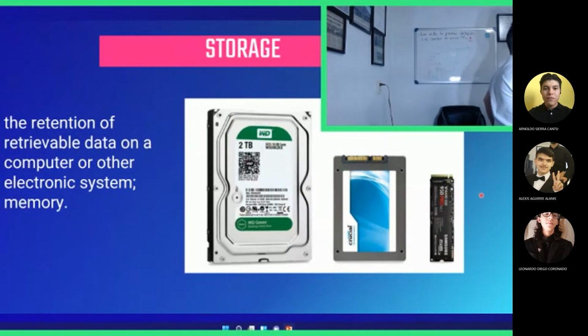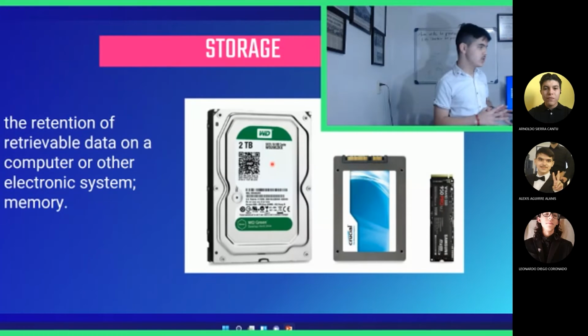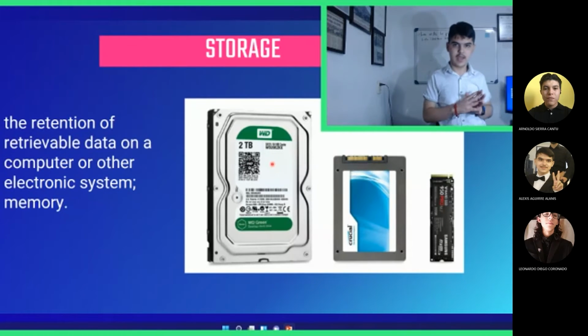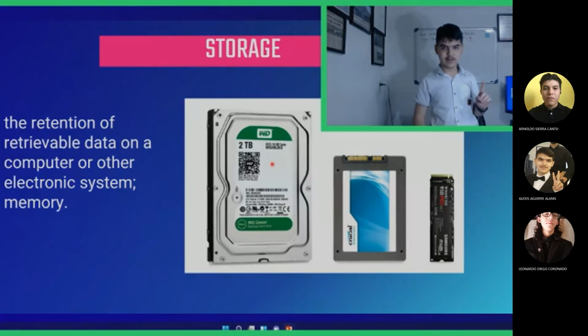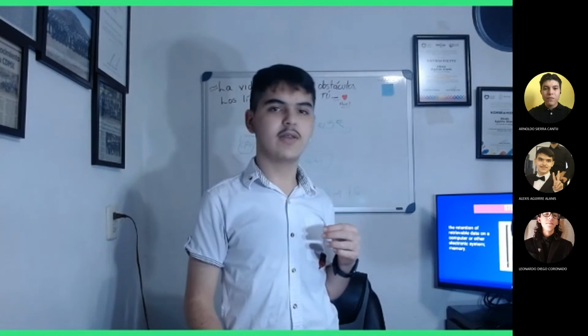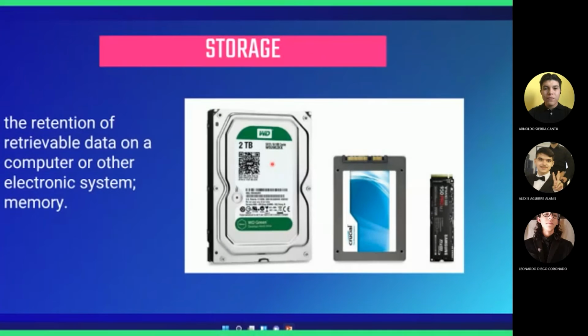That is very fast. It's a lot of times faster than this old hard drive. Obviously there are definitions. HDD stands for hard disk drive. The SSD stands for solid state drive, and there are other types of storage.